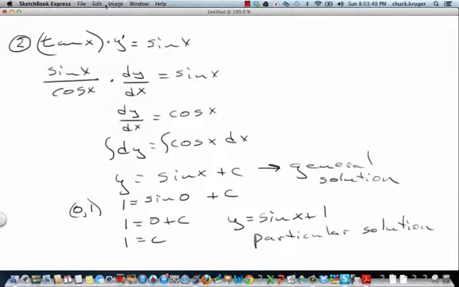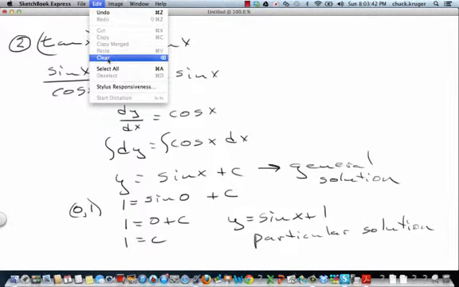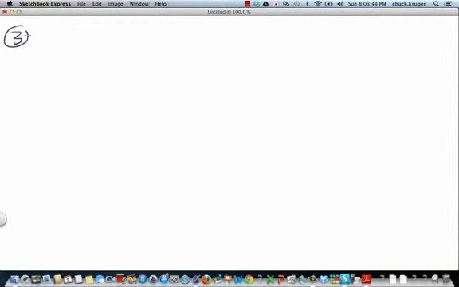All right. Let me do the next one, number 3. And number 3 is x squared plus 4 times dy/dx equals xy.